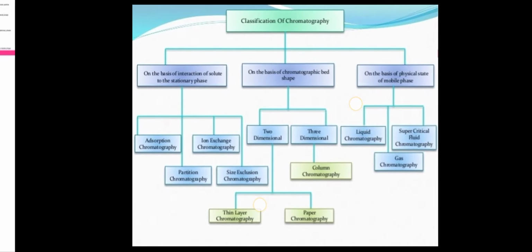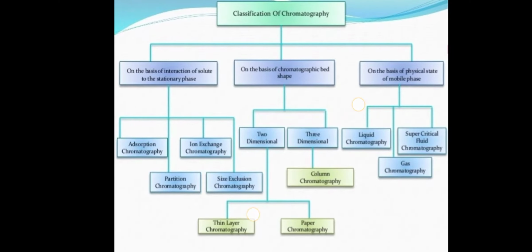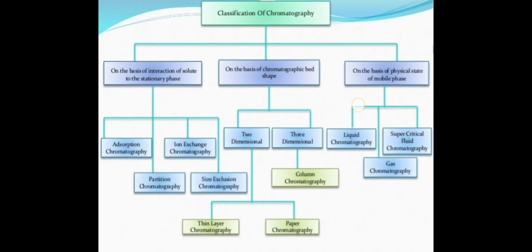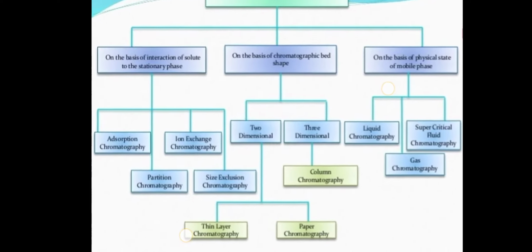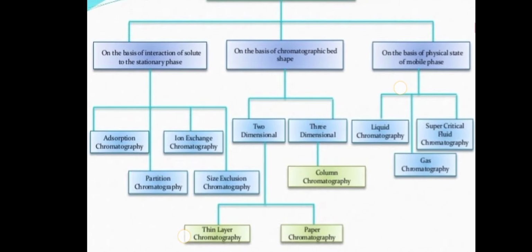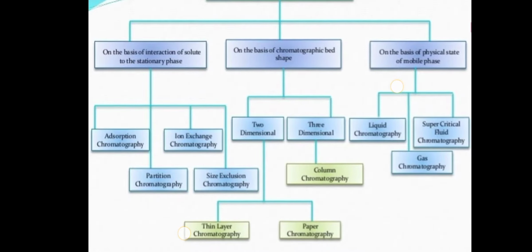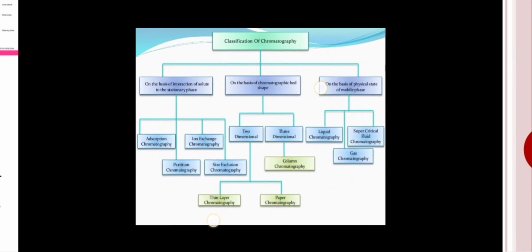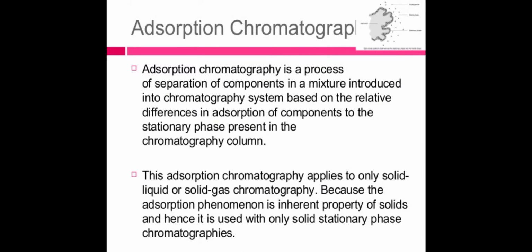Now moving to the initial classification, that is on the basis of interaction of solute to the stationary phase. There are four types. Today we will learn about two types, that is adsorption chromatography and partition chromatography. Now, there is a difference between adsorption and absorption.